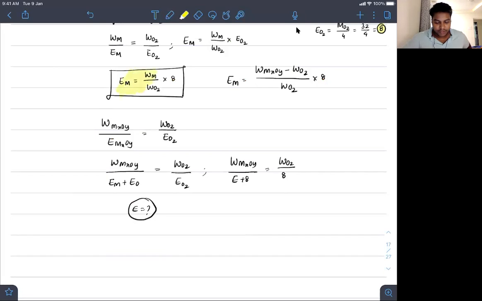Next question, you have to do it now. Equivalent weight of metal is equal to weight of the metal by weight of oxygen into 8. Take that.